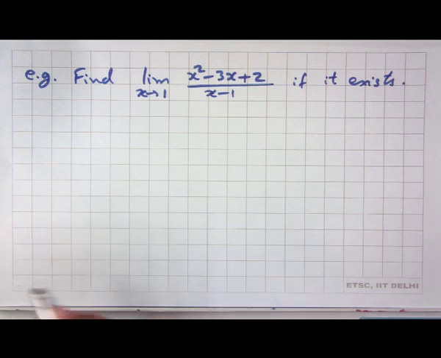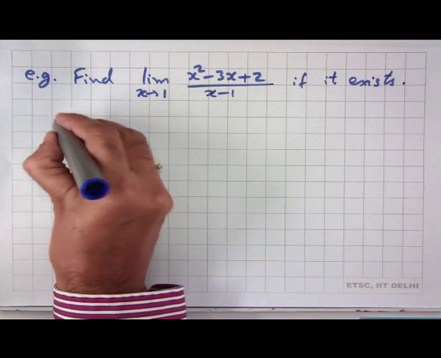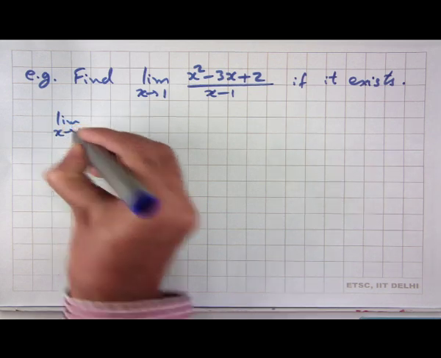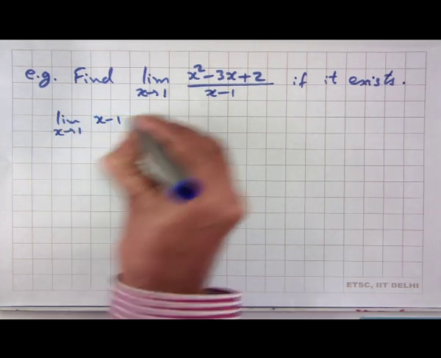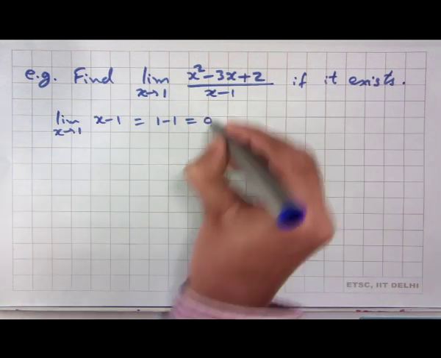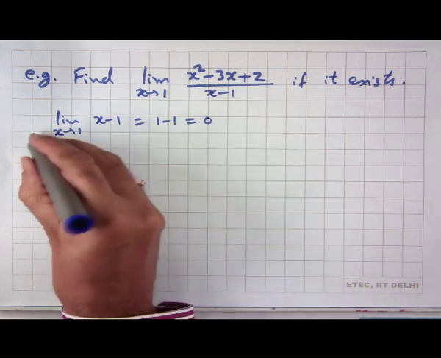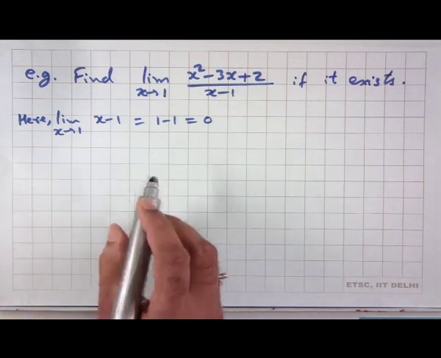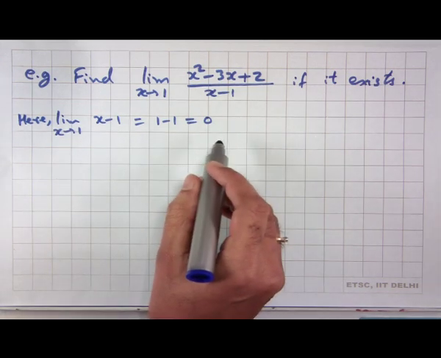Here we see that the limit as x goes to 1 of x minus 1 is simply 1 minus 1, which is 0. So we cannot use the quotient rule directly.